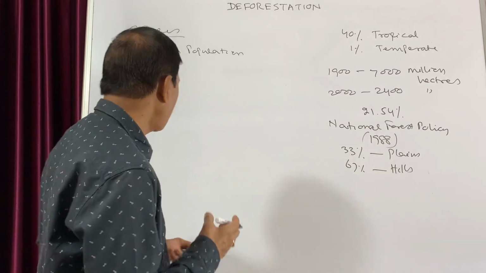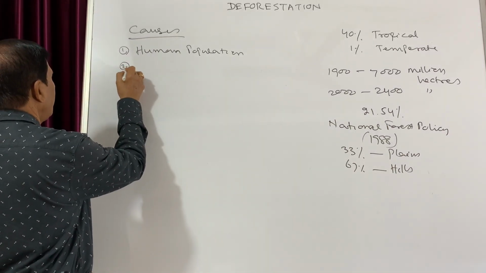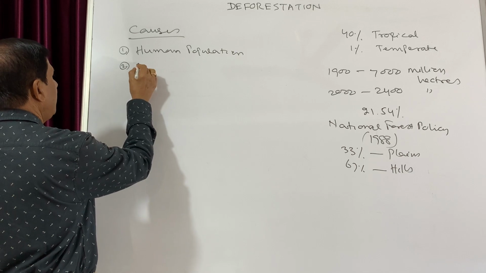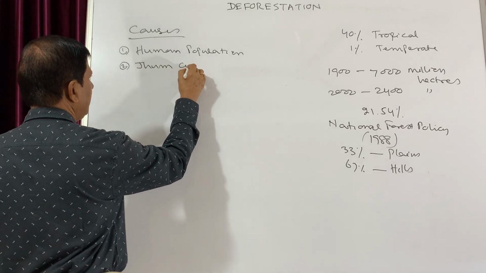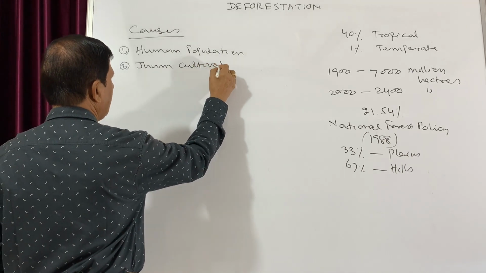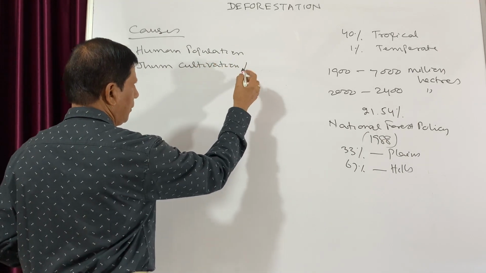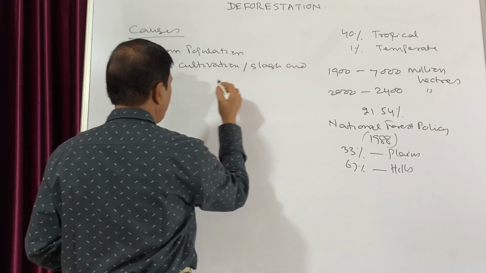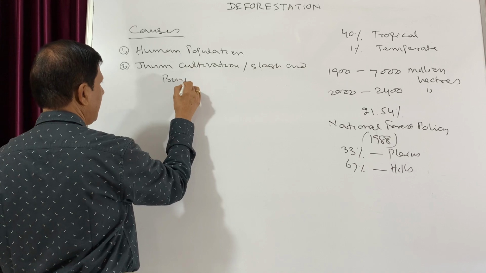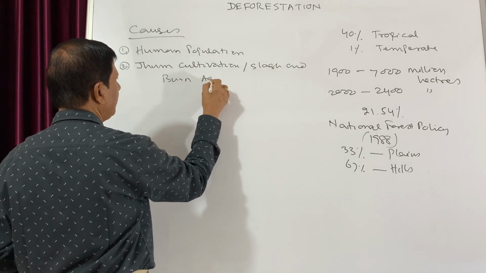The second important point is jhum cultivation. This is also very important. Jhum cultivation is also known as slash and burn agriculture.